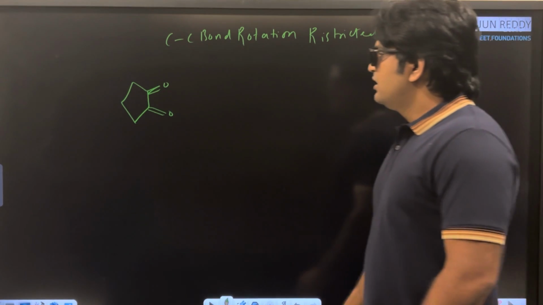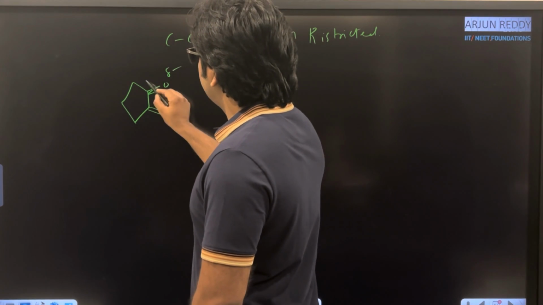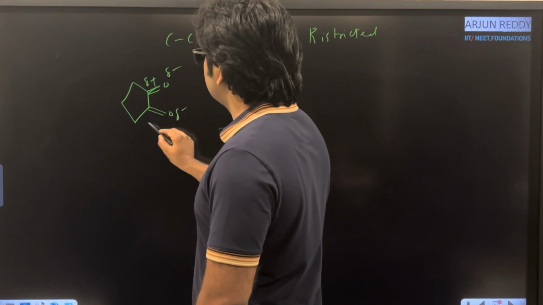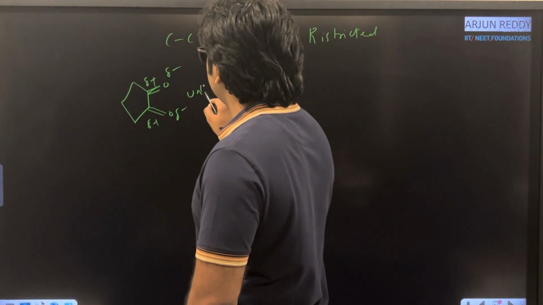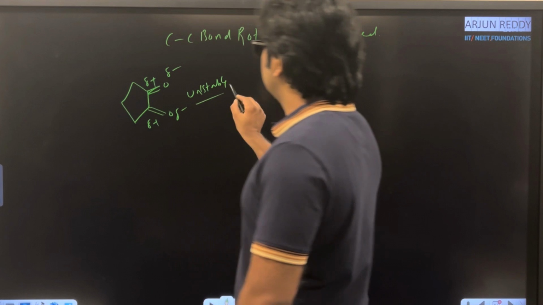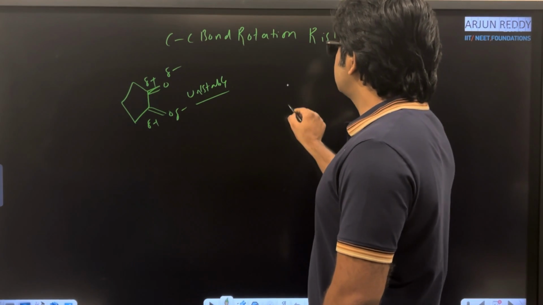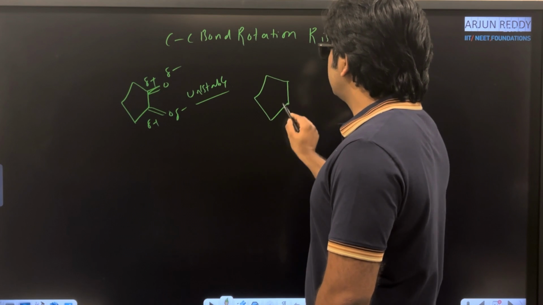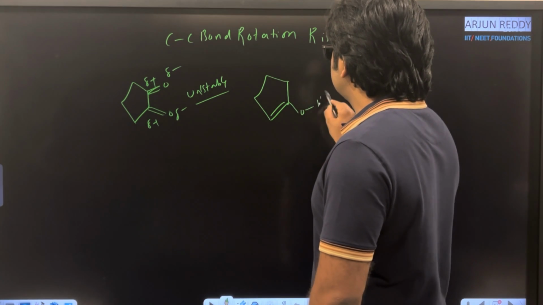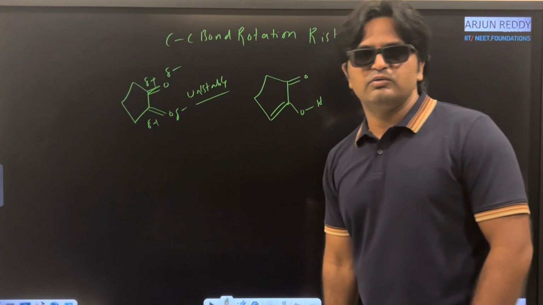This molecule is also suffering from dipole repulsion, delta minus and delta minus. Your molecule is expected to be unstable. But how are we stabilizing that molecule? Yes, we can stabilize by applying tautomerism like this, OH and C double bond O.